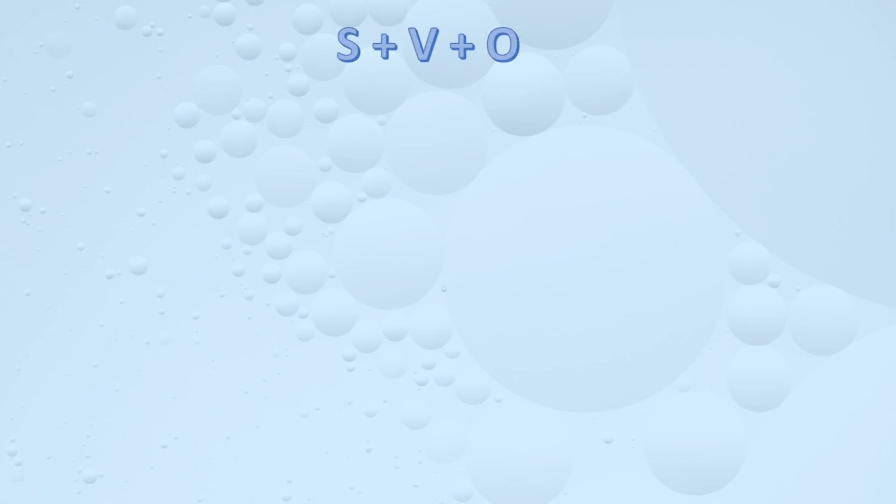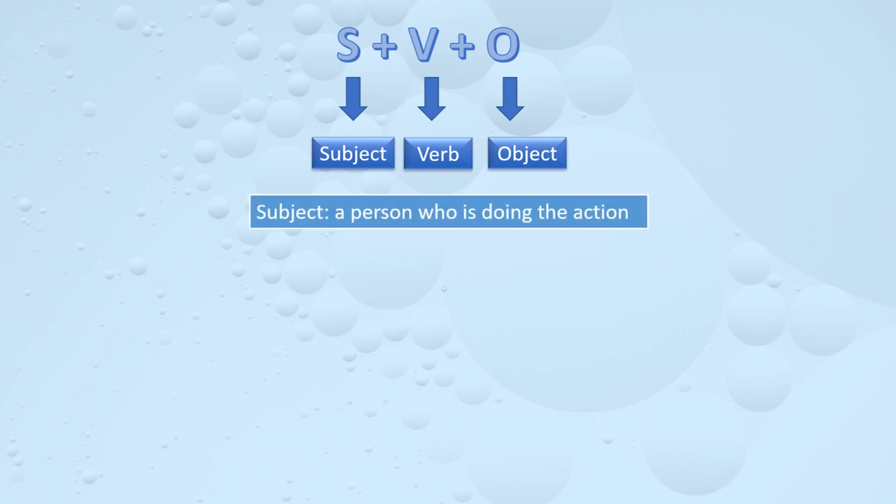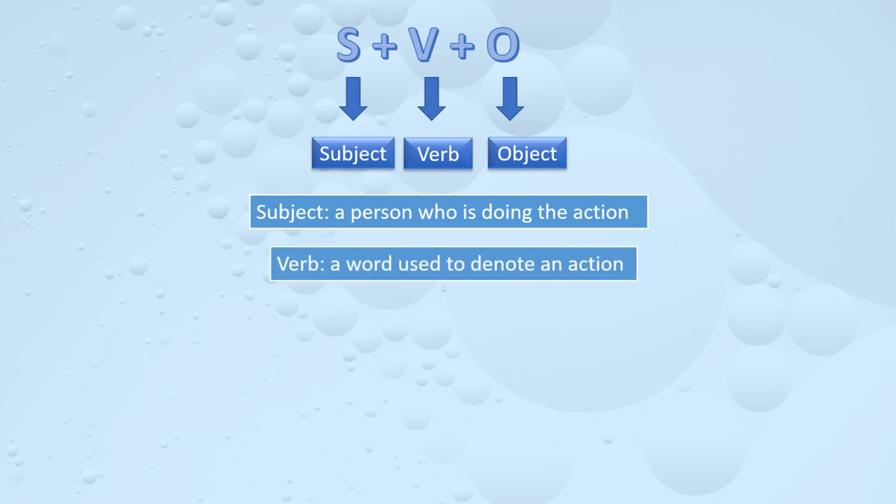Now let's discuss the structure of simple present tense. It is SVO. S stands for subject, V stands for verb and O stands for object. Let's discuss what these words are. Subject is a person who is doing the action.